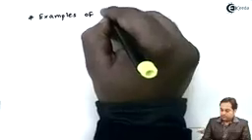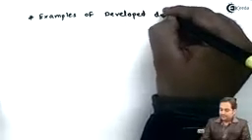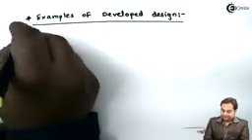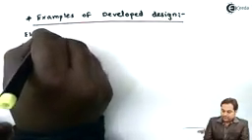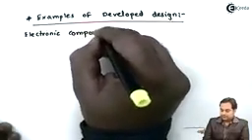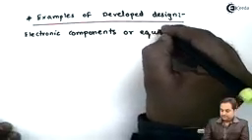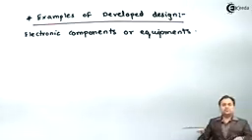The examples of developed design. Now the examples are, first of all, electronic components or equipments. This is very much understood in today's world.